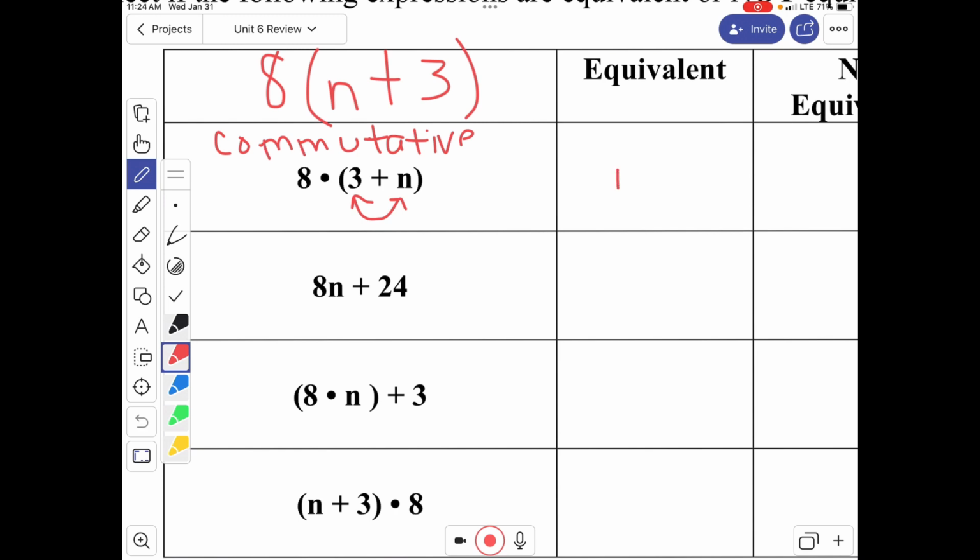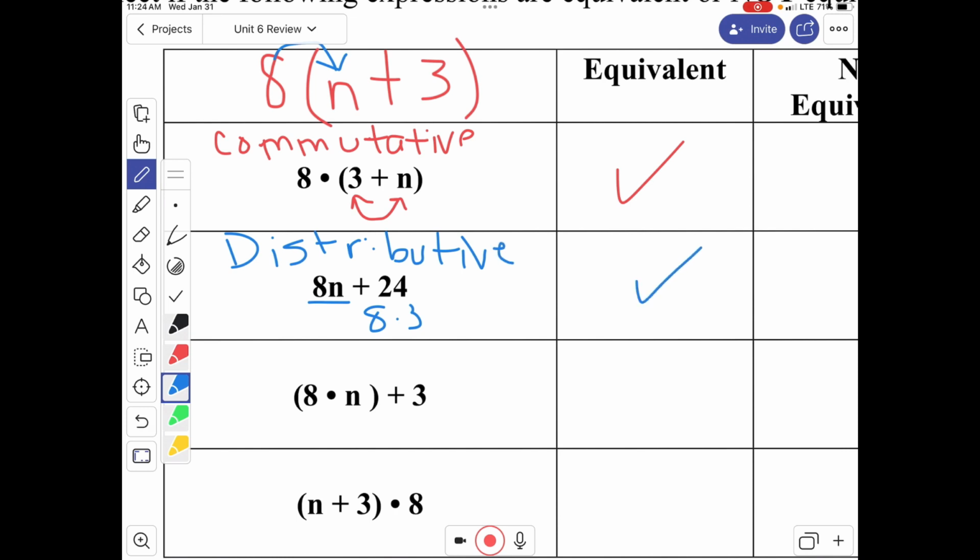So that stays the same. On the next one, if we distributed and multiplied the 8 times everything inside the parentheses, we would have 8n, and 8 times 3, that makes 24. That's the distributive property. So that one's also equal.